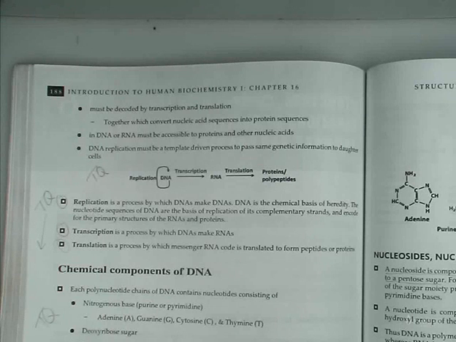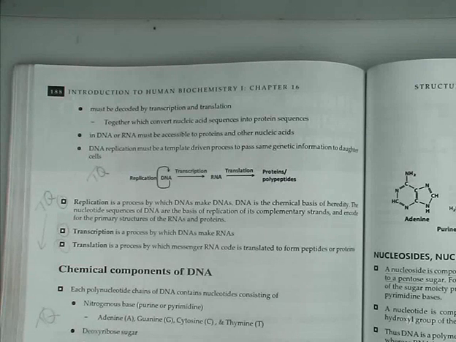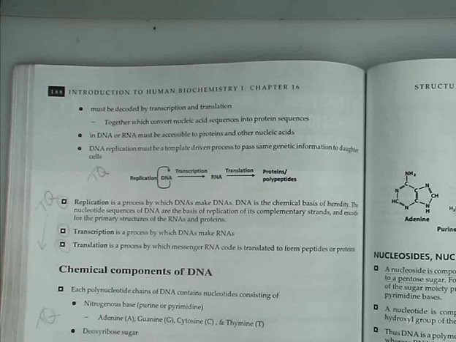Like transcribing it, like scribe is to write. We're taking that information and writing it a different way. Then translation is going from RNA to protein. Transamination is when you take an amino group from one molecule and put it onto a different molecule. So that's just the amino group, the NH3 specifically. Does that answer your question?